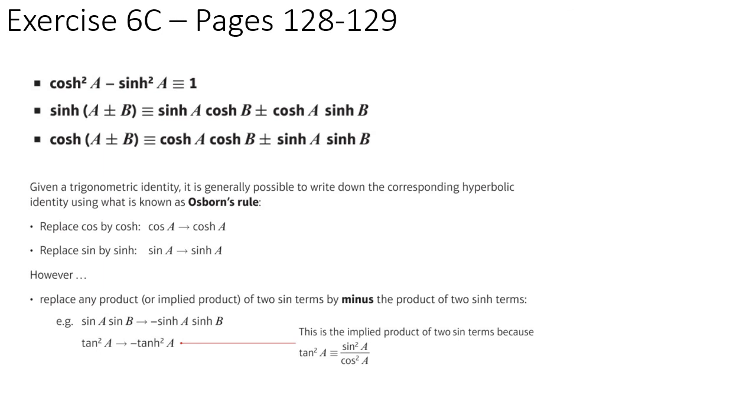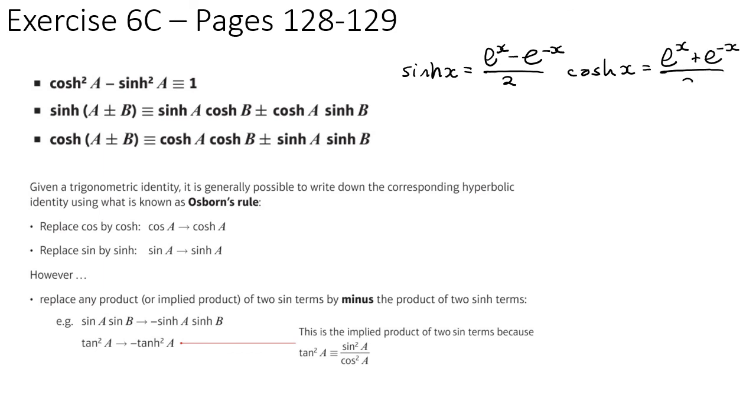It might actually be worth writing down our definitions for sinh x and cosh x, which are these, and also arcsinh x and arccosh x, and also that little thing that we need to remember.